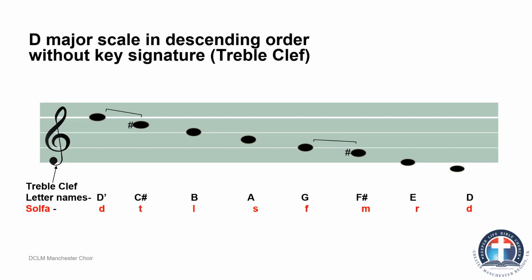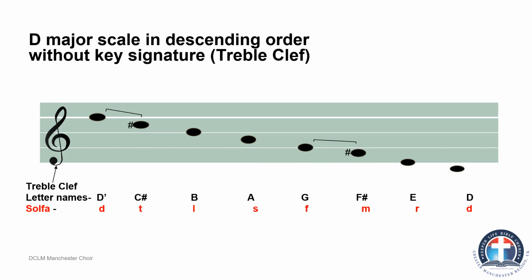But in music, you can have the musical notes placed where you have to count backward, that's descending order, to know what notes you're about to sing, or you have to count forward, that's ascending order. In any of the cases, we want to stick to the rule of tone, tone, semitone, tone, tone, tone, semitone in the ascending order.